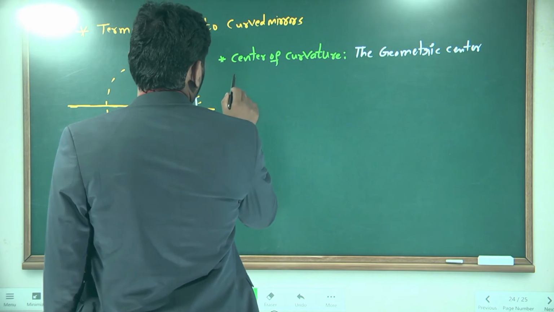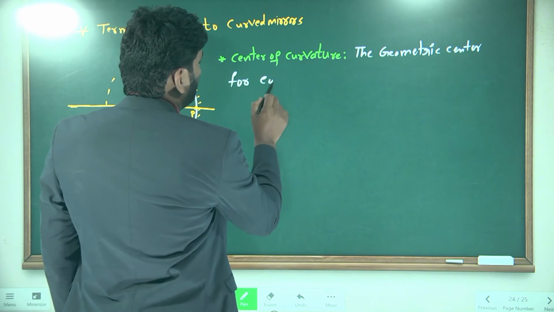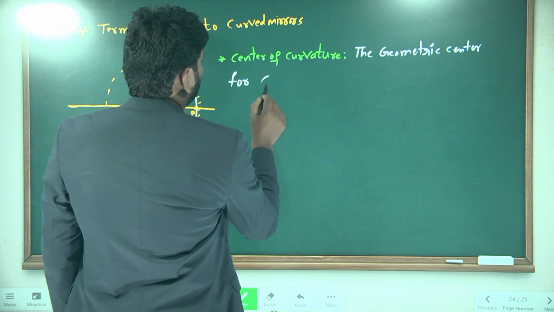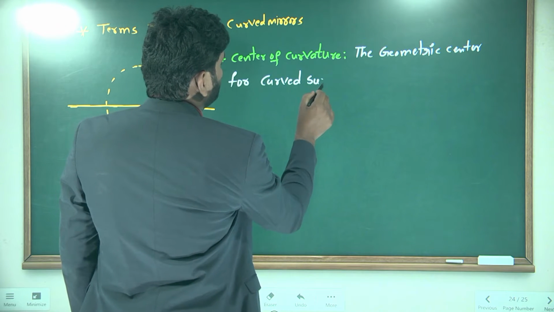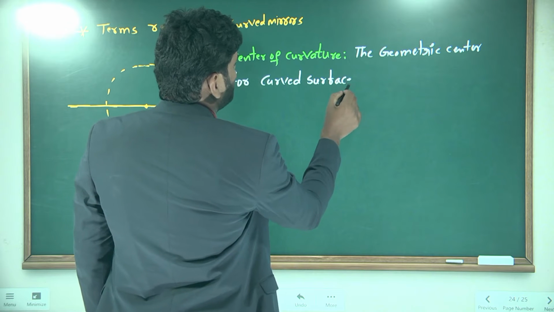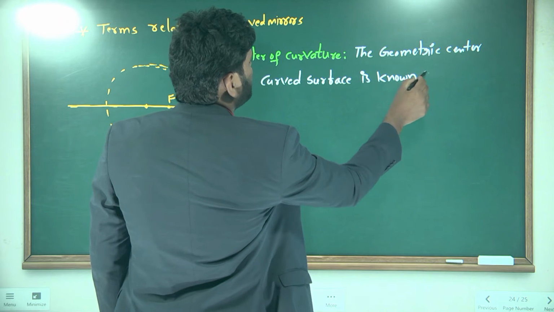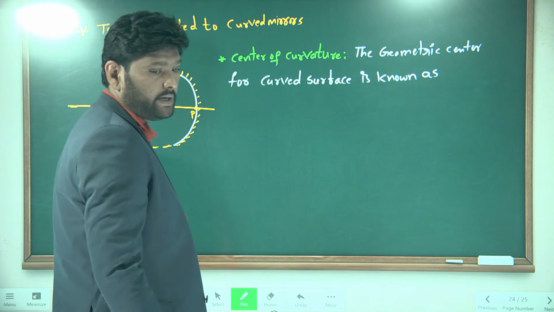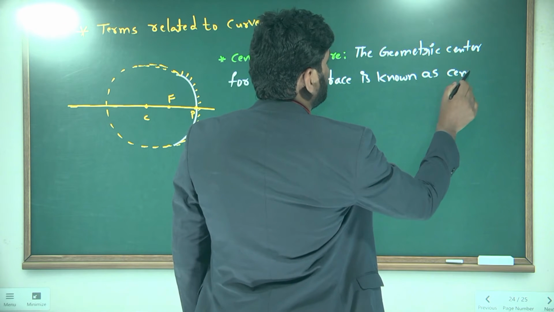for curved surface is known as, the geometric center for the curved surface is known as center of curvature.